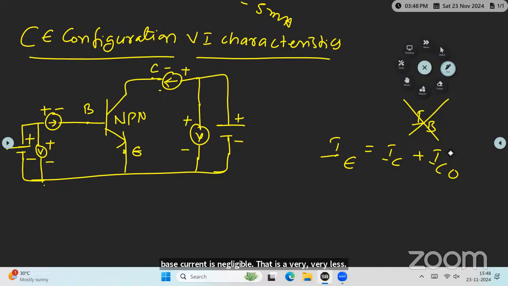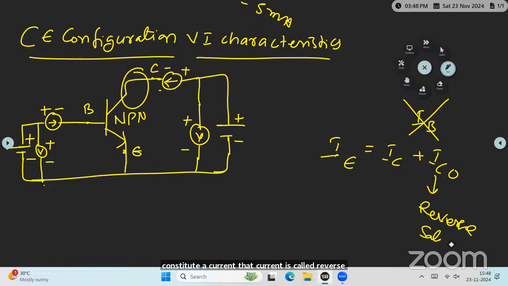Now the total current IE is equal to the collector current plus the reverse saturation current of the collector region, because the collector is reverse biased. That reverse bias also constitutes a current. That current is called the reverse saturation current.